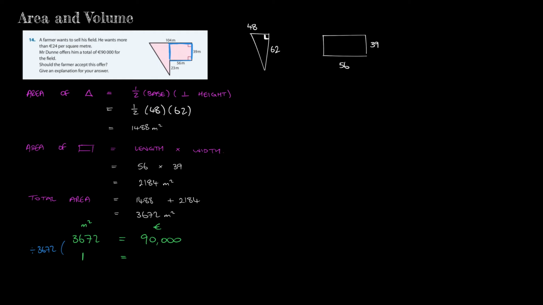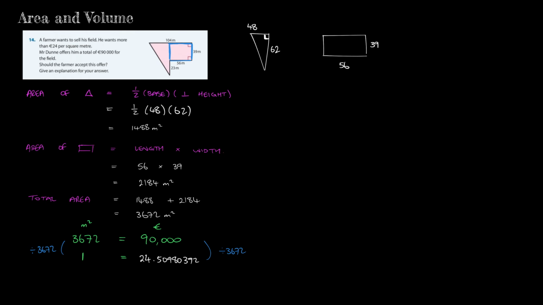So if I divide 90,000 by 3,672, I'll get an answer of 24.50980392.